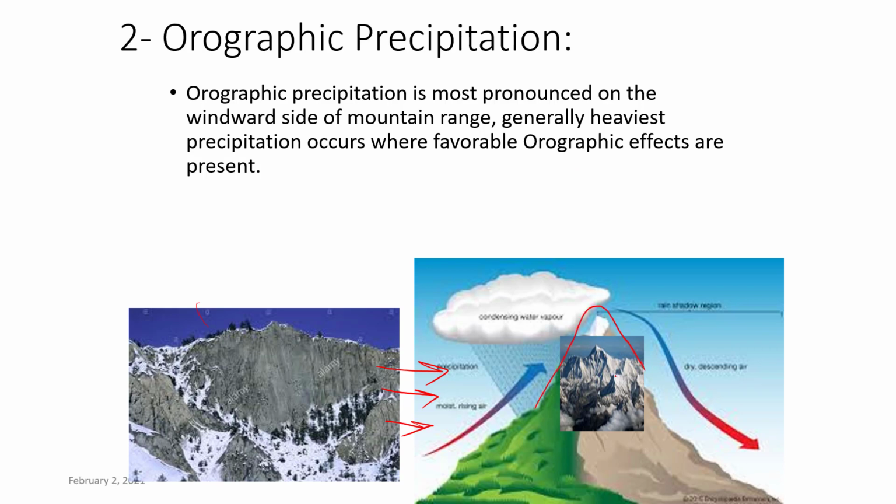Orographic effect means huge, high mountains like this. So this side is always green because of enough water. Even when small parts of the clouds go in this direction, unfortunately there is no rain.